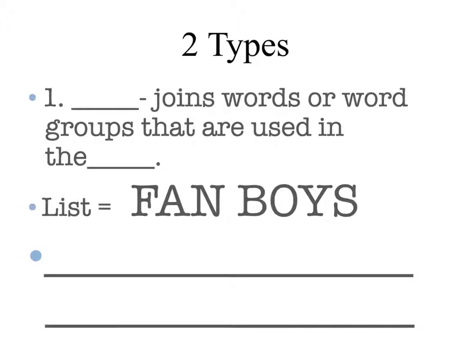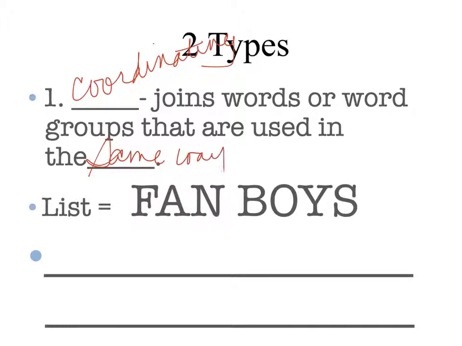Coordinating conjunctions join words or word groups that are used in the same way. So you can only join two nouns, two verbs, two phrases, two sentences. Coordinating conjunctions have to join things that are used in the same way.